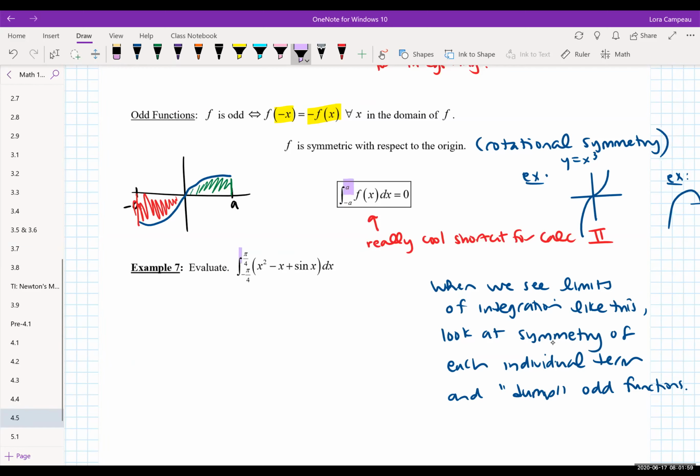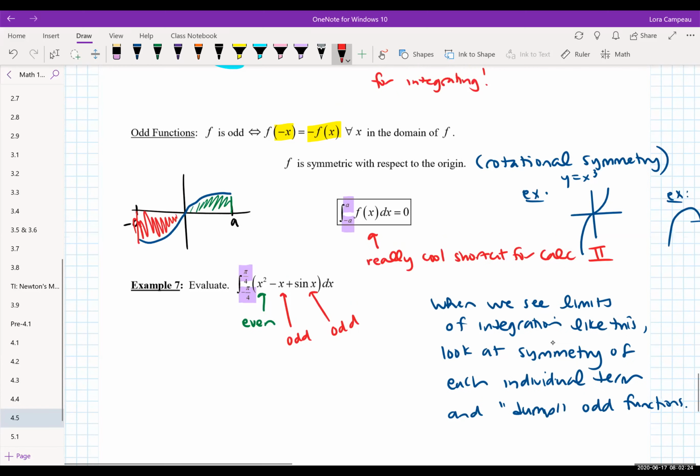You see how, positive case, negative case, no matter what they are, pi over 4 to negative pi over 4, we can look at what type of function we have. x squared is an even function. What type of function do we have for odd? The x is odd, and so is sine of x.